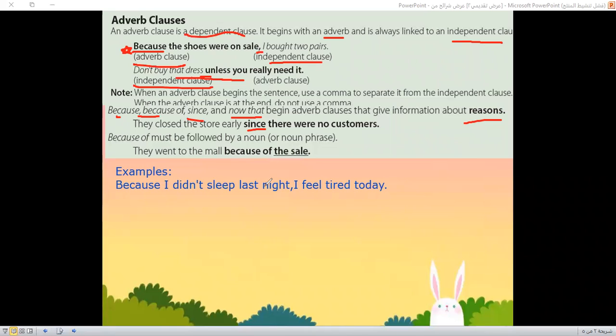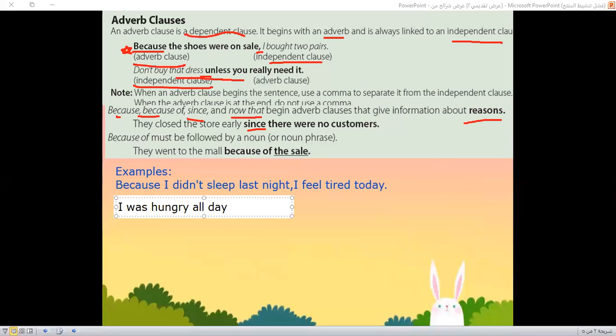Now let's give examples here. If we want to use any one of these to give a reason, think of something and then think of a reason why this thing happened. Let's say, I was hungry all day.